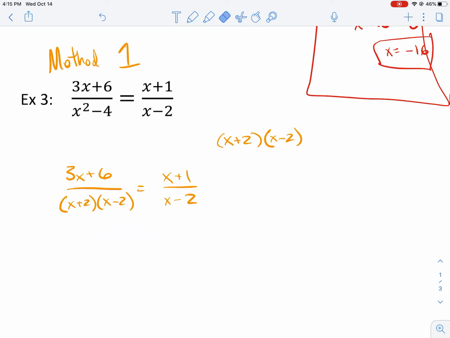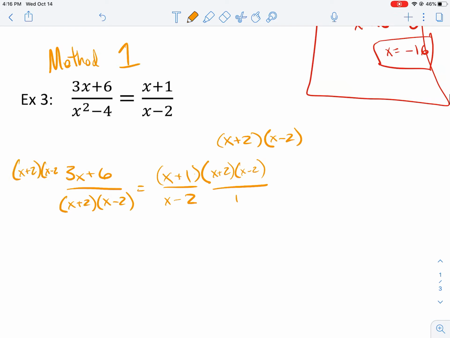Now, if you look on the left side, we already have that. So we really only have to multiply the right side by our fraction buster, which is x plus 2, x minus 2.